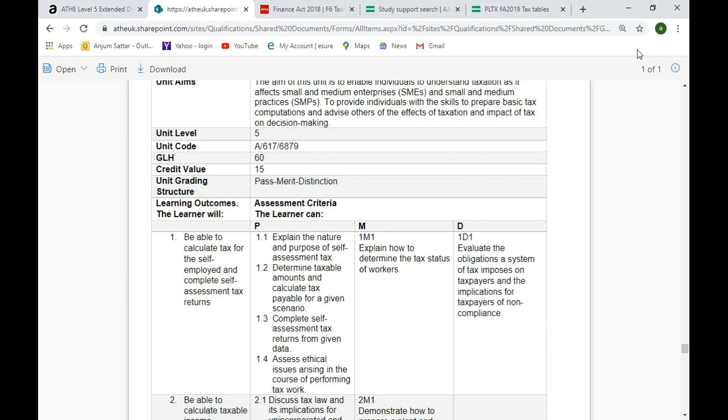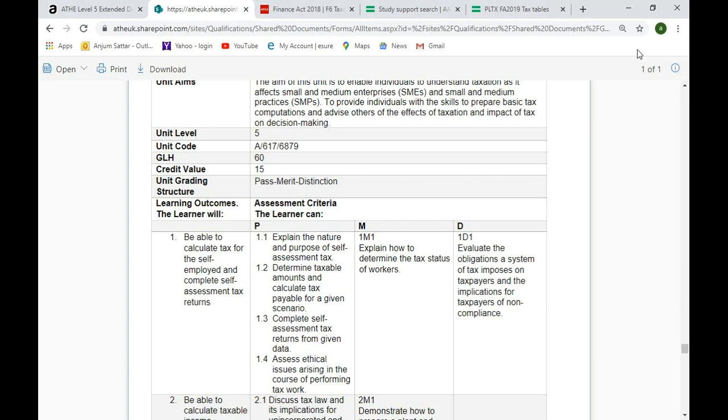Furthermore, I learned plant and machinery capital allowance computation, and the next topic was the basis of assessment for employment income, using the employee's salary to compute your tax.